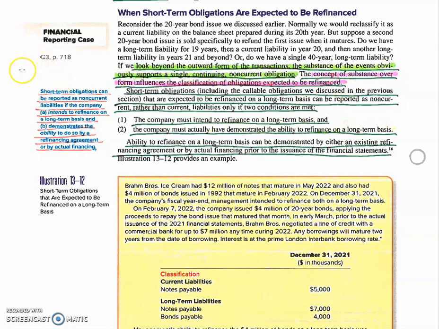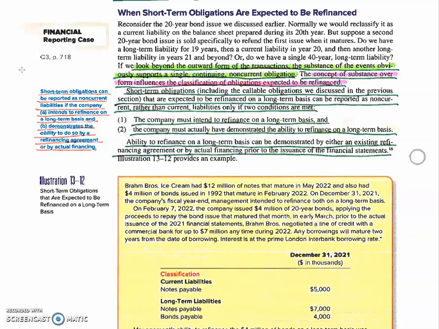Now, for a multi-billion-dollar multinational corporation, like say, for example, Chevron or Exxon or Apple, Microsoft, somebody like that, they issue new bonds. They sell bonds all the time.